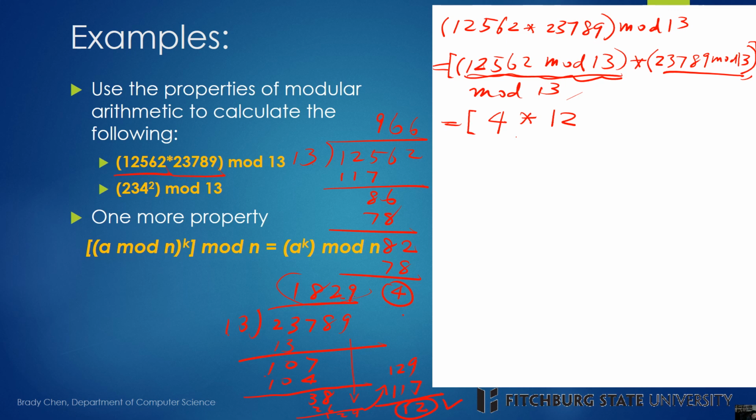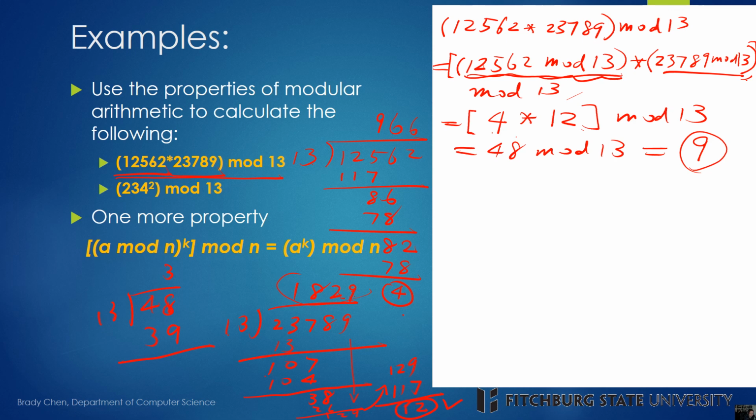Okay. So then we got this, mod 13. So 4 times 12 is 48 mod 13, right? What is the result? 48 minus 39 is 9. So the result is 9.